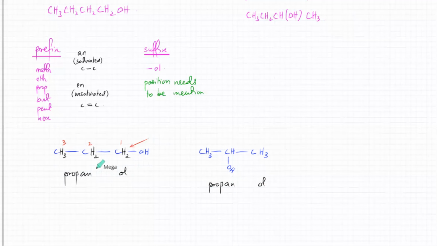So this one is propan-1-ol. And this one over here, you're going to count from the side that gives the smaller number. So it's on the second one. So it's propan-2-ol. So that's how you're going to name alcohols.